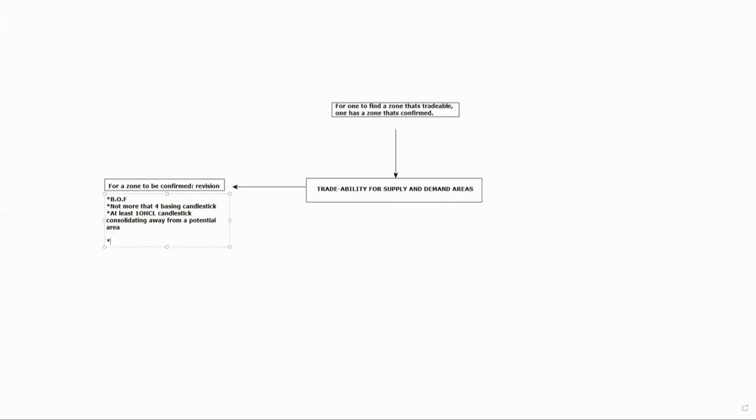Also, you need a strong imbalance. You need a strong imbalance.